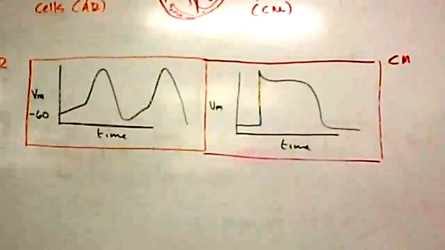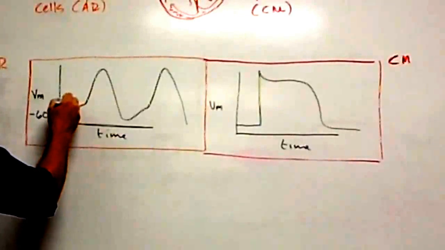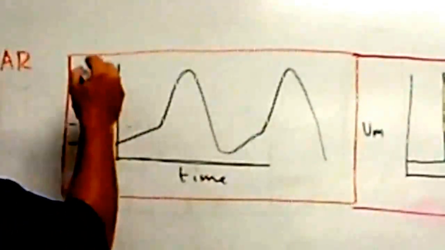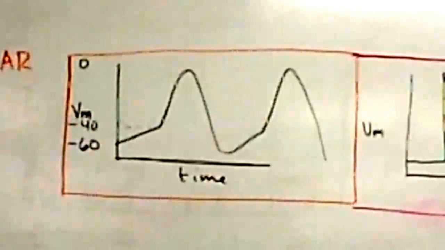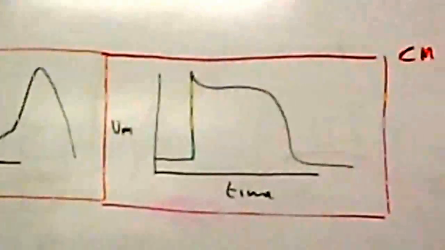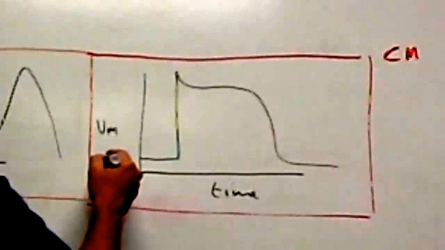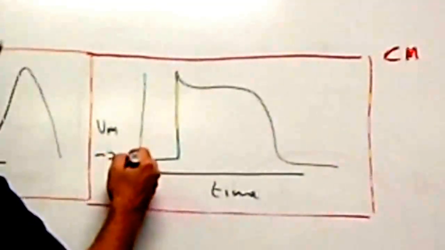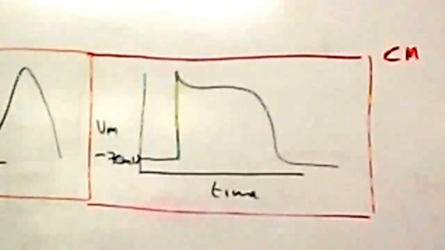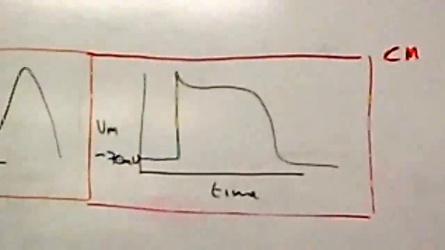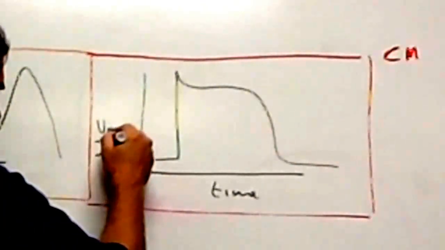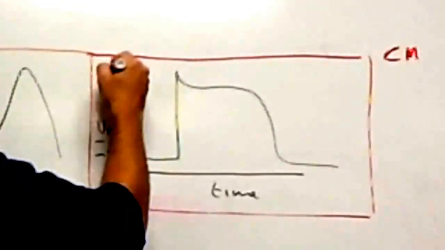Another key voltage, right there, is minus 40 millivolts, and that's 0. Cardiac muscle, some key voltages are, cardiac muscle sits a little bit more negative at minus 70 millivolts. A key voltage is minus 55, and then plus 30.